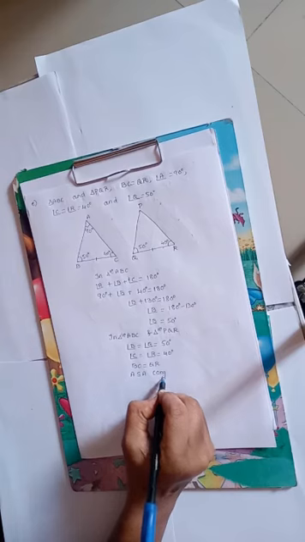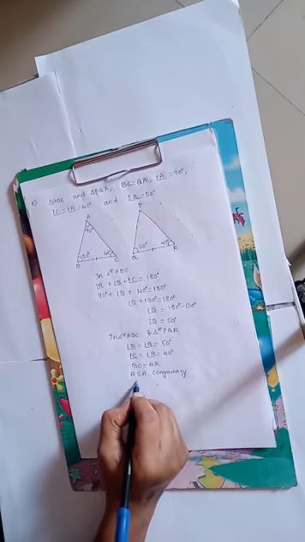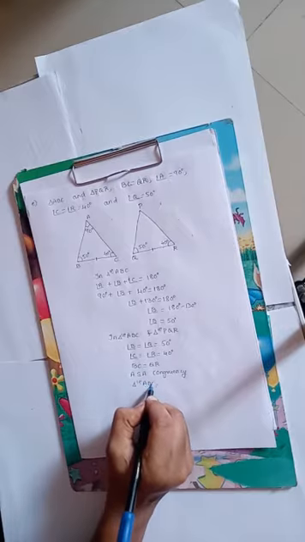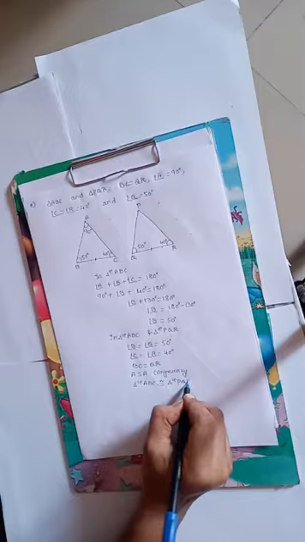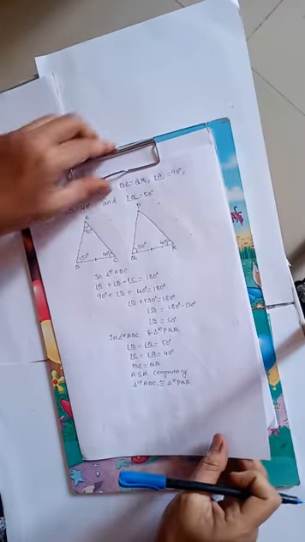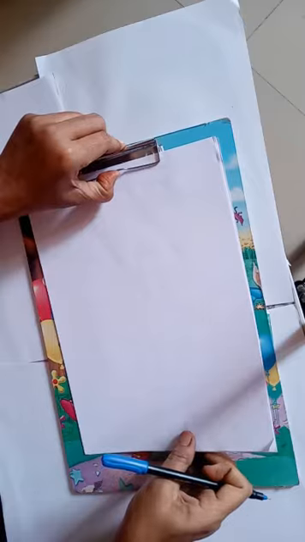ASA congruency. You can tell that these two triangles are congruent. Triangle ABC is congruent to triangle PQR. Now this is the end of the second question. Now we can move to the third question.